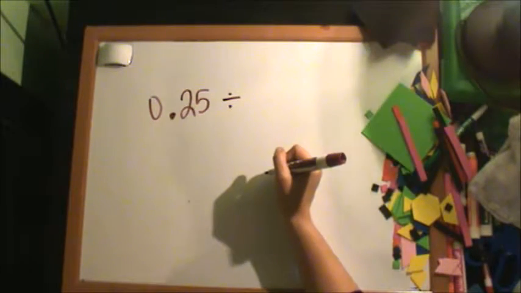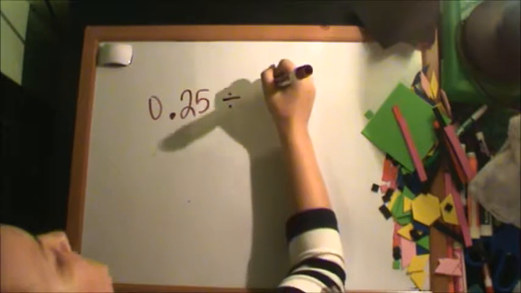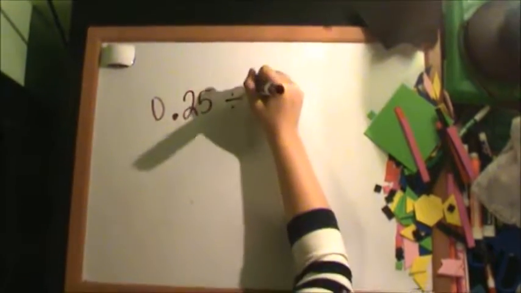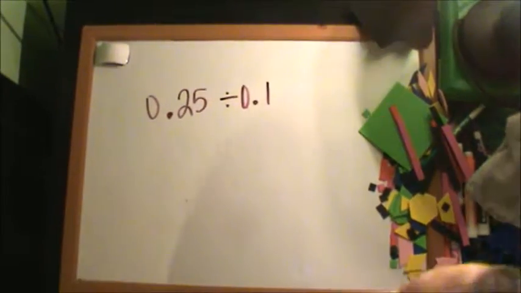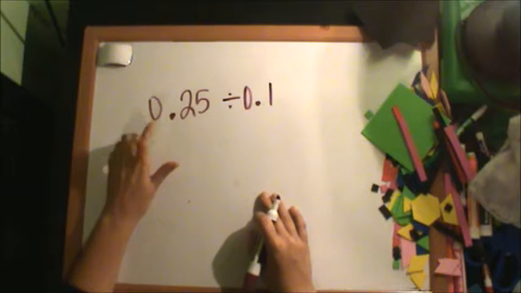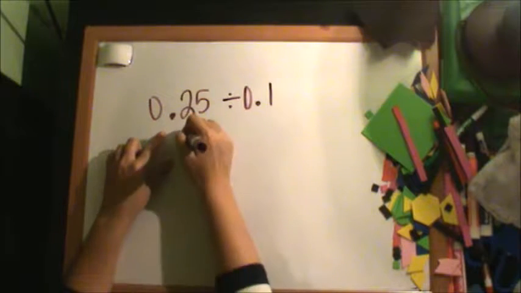let's see, let's do 1/10. Okay, so we know that 25/100ths is the same as 1/4.